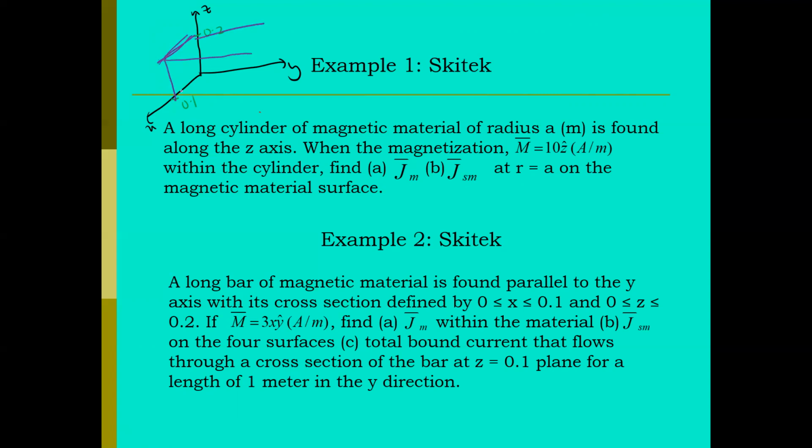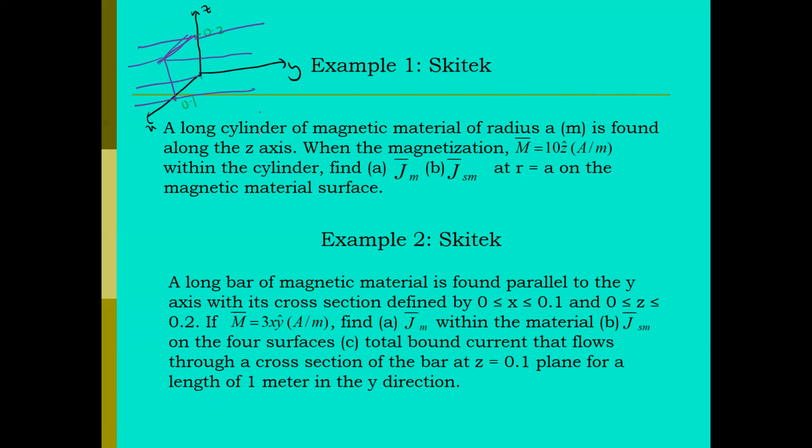So that should be the structure of your long magnetic bar, having an x range from 0 to 0.1 and z range from 0 to 0.2, in which the bar is parallel to the y-axis as shown in the diagram here.